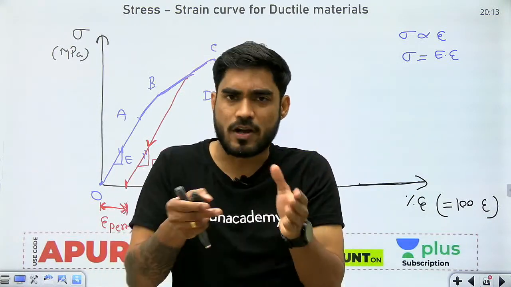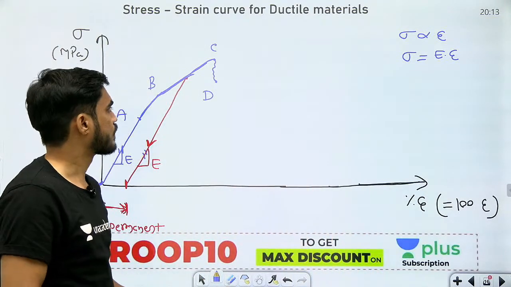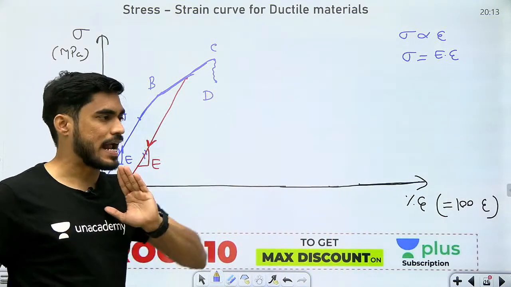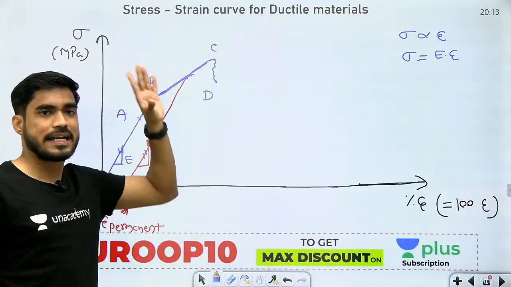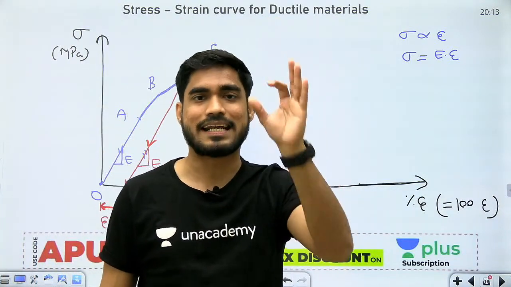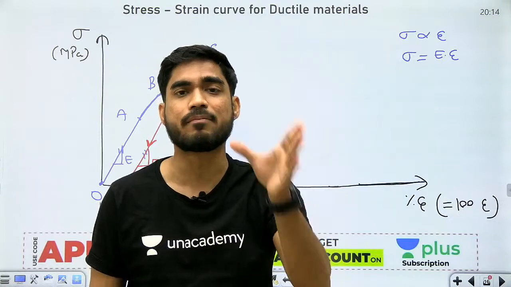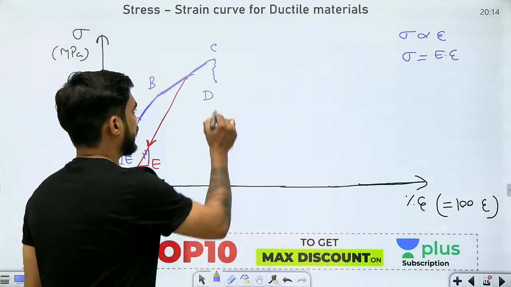This is known as flow because the deformation is very large. As the bonds are broken and the atoms flow freely, you don't need to apply any more load. The resistance of the material will become constant, and at constant load, you are going to get deformation.